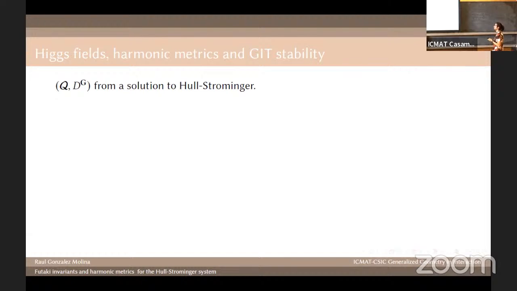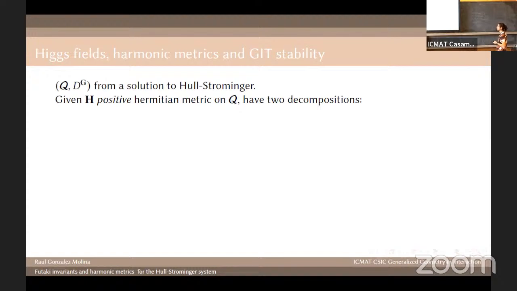So I assume a solution for the Hull-Strominger system and consider the associated holomorphic current algebroids. And now my guiding principle will be the theory of Higgs bundles, loosely. So given a positive Hermitian metric, so G is not positive, but I assume given a positive one, H, then we have two associated decompositions. Firstly, we can consider the Hermitian and skew-Hermitian part of the connection.